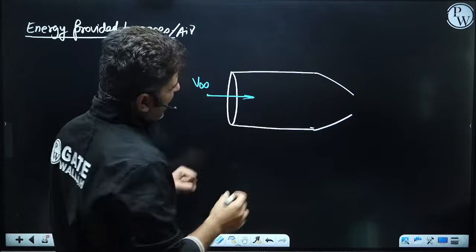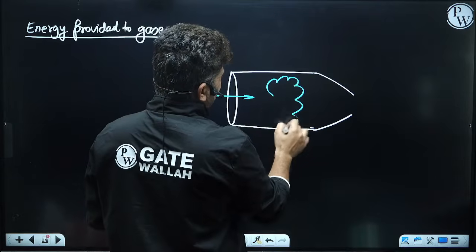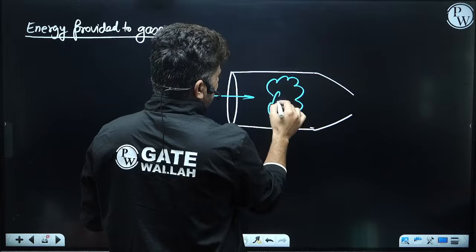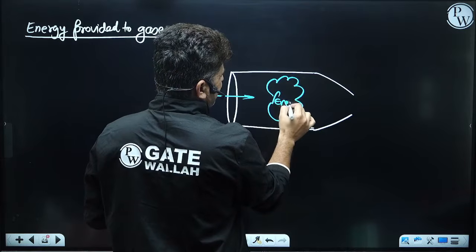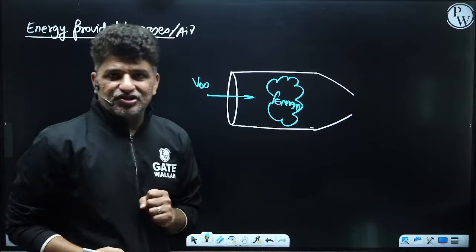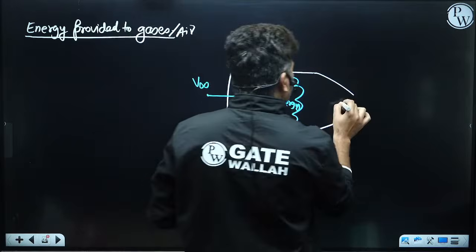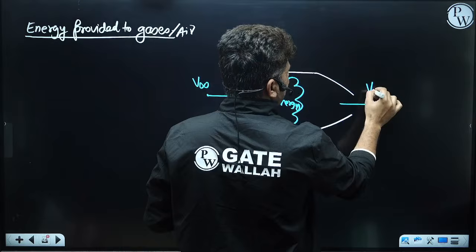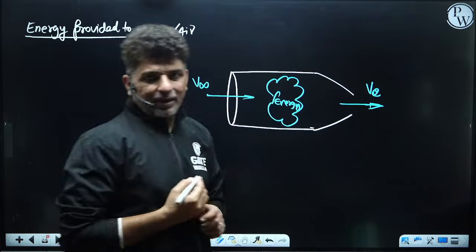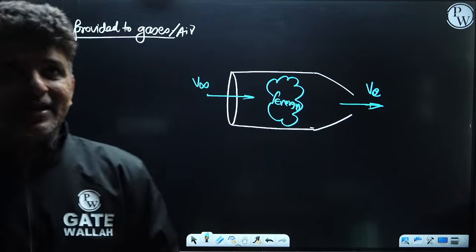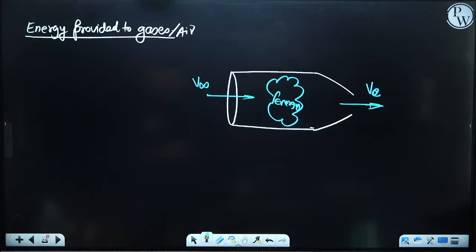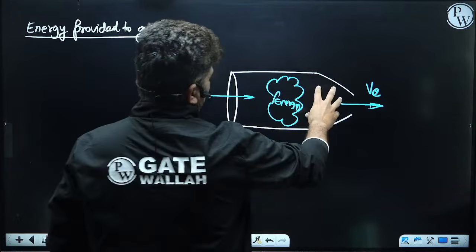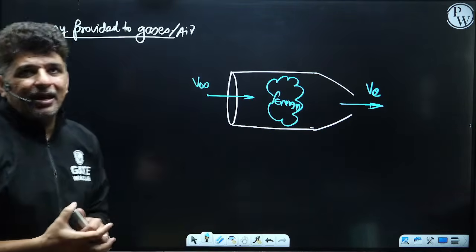Now what happens is you provide certain energy to this air, and when you provide this energy, this air starts moving out with a velocity, let's say, v exit. So can anybody tell me what is the energy that has been provided to these gases?